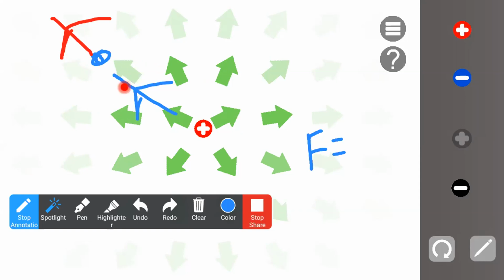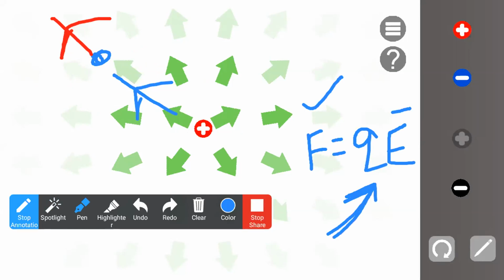So the force on any charge depends on these two factors. Electric field is already acting. If you put 1 coulomb of charge, you may get 1 Newton of force, or if you put 2 coulomb of charge, you will get 2 Newton of force.